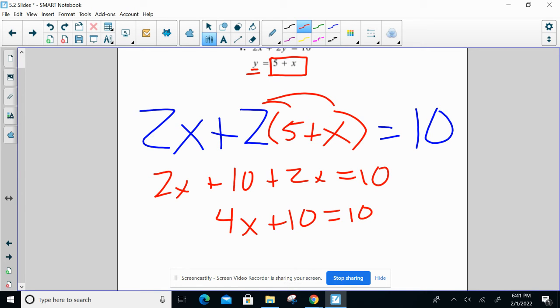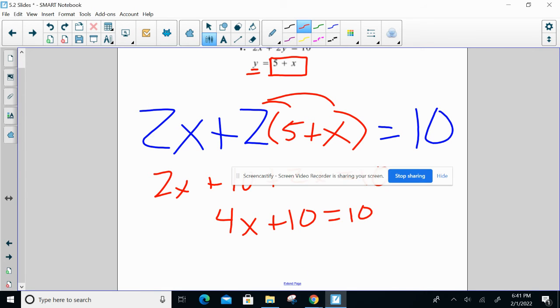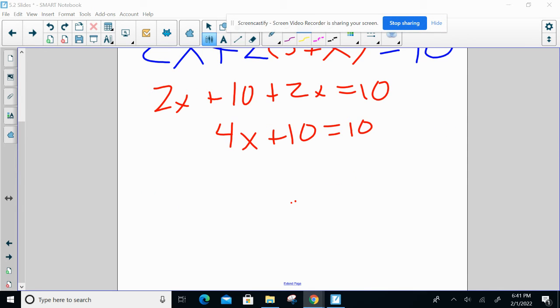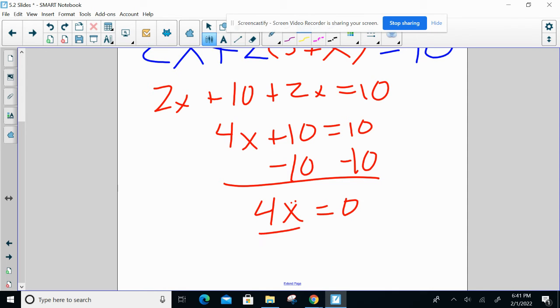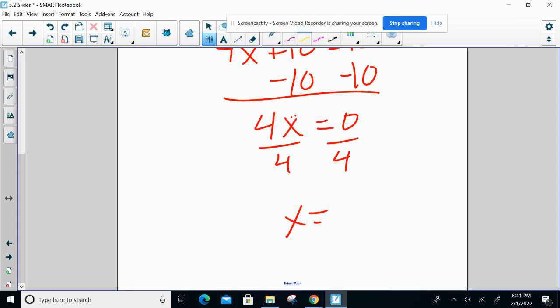The only time that you do the opposite is when they're on opposite sides. So x is 0.